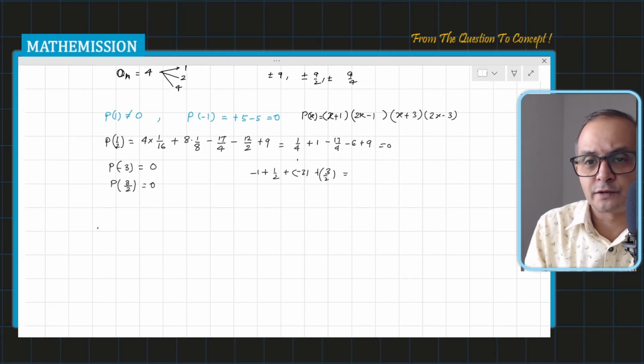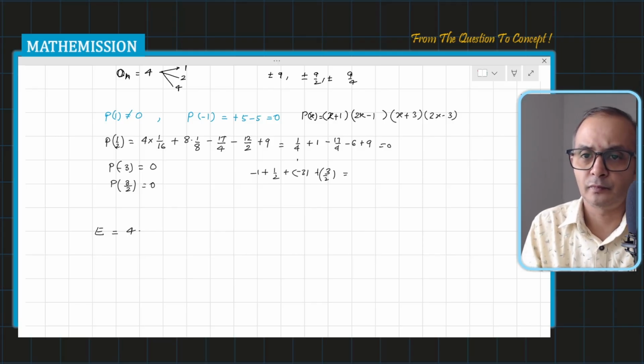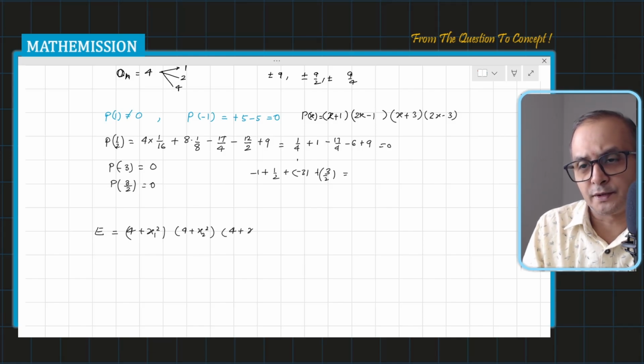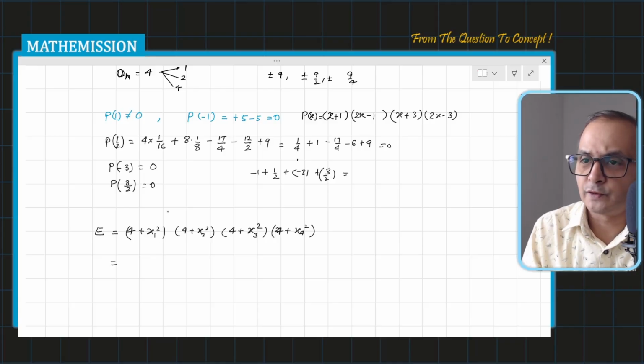So our expression is 4 plus x1 squared, 4 plus x2 squared, 4 plus x3 squared, and 4 plus x4 squared. We substitute all those values one by one.